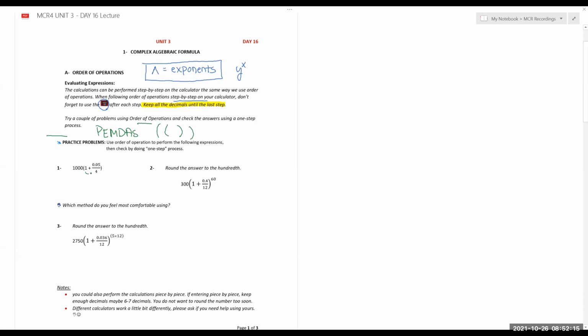For something like this one, you've got two options. You could either type it in the calculator as 1,000 times 1 plus 0.05 divided by 4, which would be perfectly fine. Or you could type in the parenthesis part, hit enter, then multiply by the 1,000. Either one is up to you.